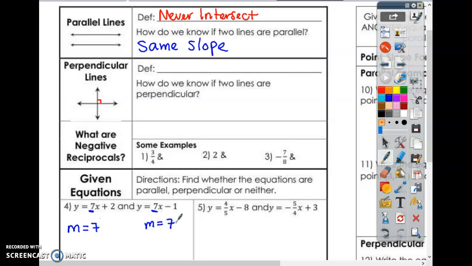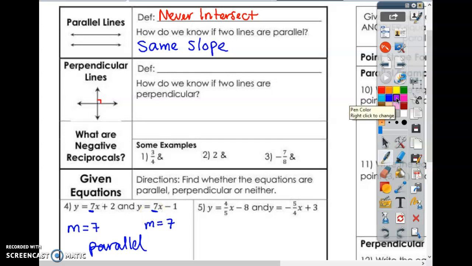What are these two lines? Parallel. Same slope. They are parallel. So from now on, whenever you see equations and you see that the slope is the same, know that they're going to be parallel. You can also graph them and see that they are parallel.